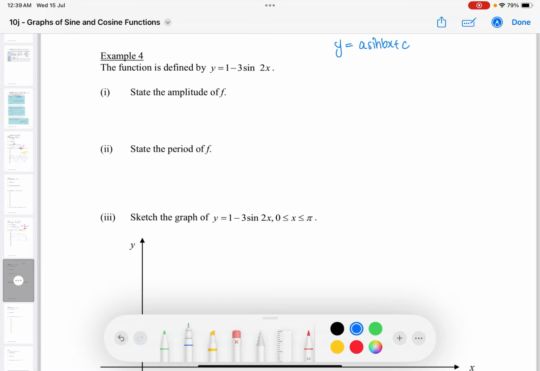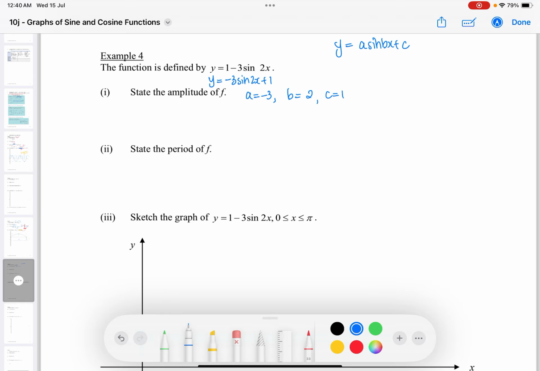Looks a little bit different, but I can just reorder it so it looks familiar, right? Just have to swap the constant with the sine function. So from here, our a is actually -3. Our b is 2, and our c is 1.